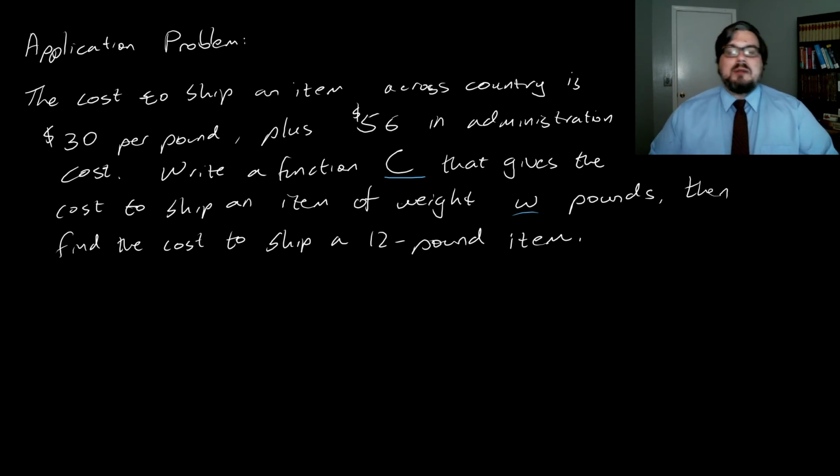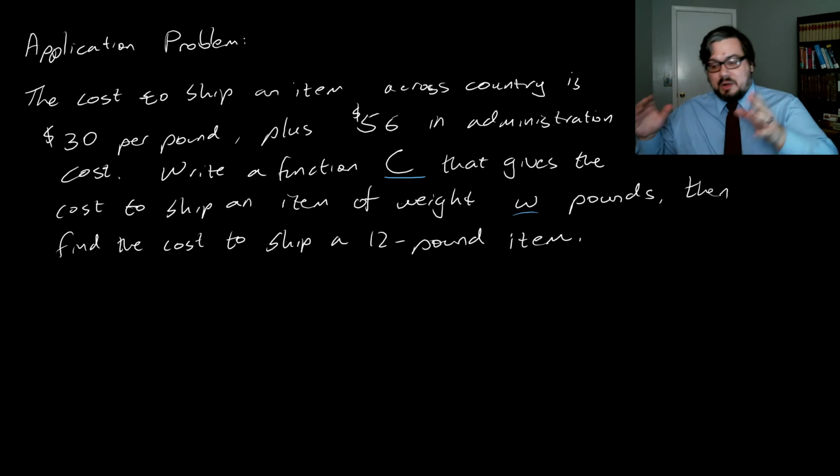So in this case, the problem has told us to use the cost as the function, but that also makes sense in thinking about things in terms of dependent and independent variables. Typically, when I go to ship an item, I know the weight of that item is already fixed. I go in and I say, okay, I've got a 12-pound item. How much is it going to cost to ship this? And so the cost depends intuitively on the weight of my item.